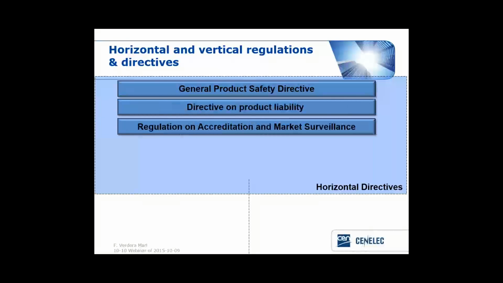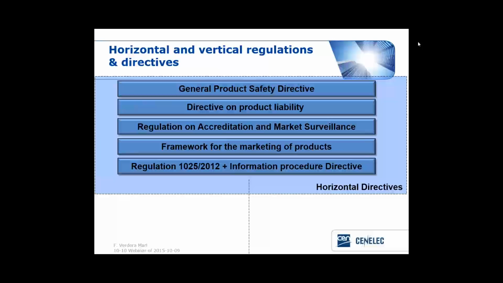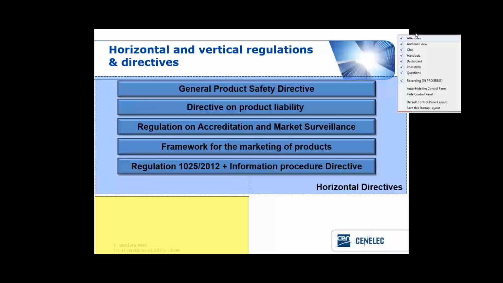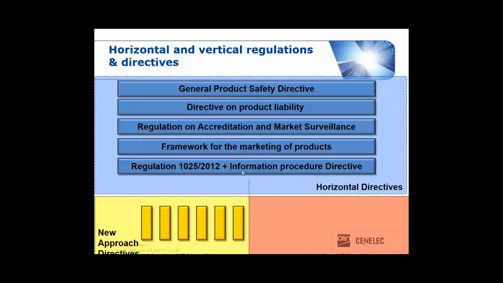But I would like to start first setting the horizontal and vertical family products framework for the regulations covering the safety of products. We have a part here in the upper part which is dealing with horizontal regulations.